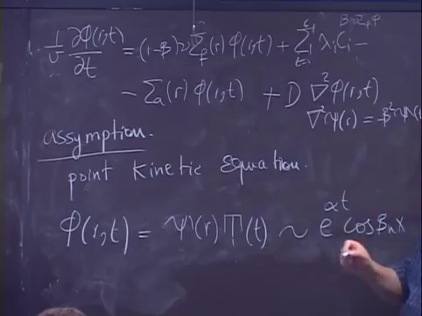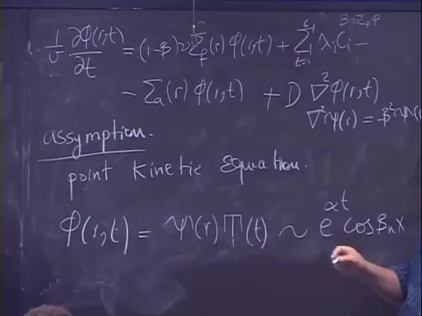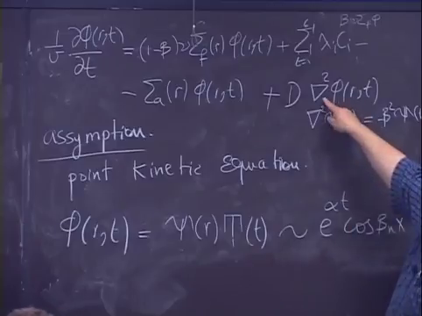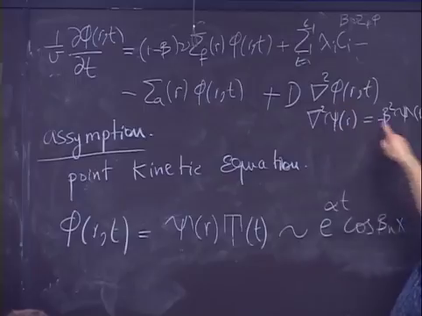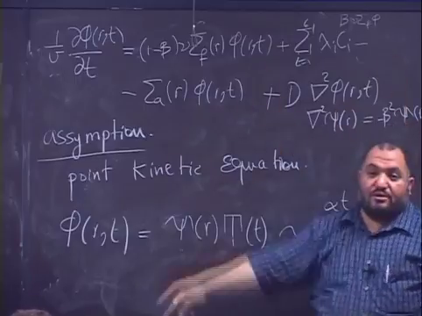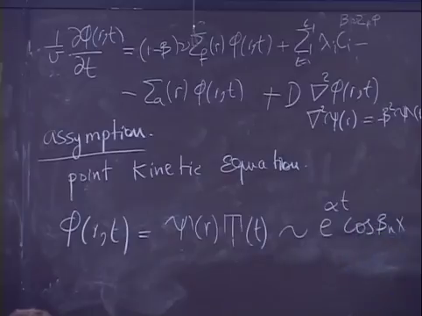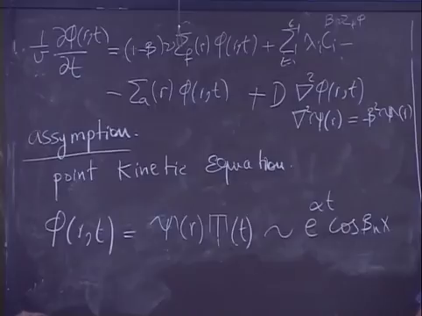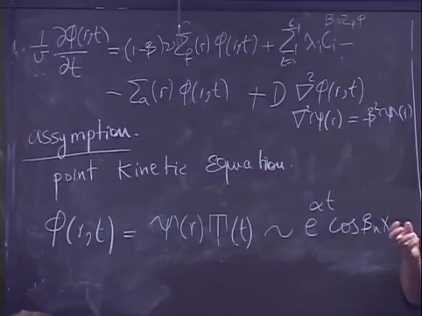Nabla square phi plus B square phi equals 0. So I will put this relation in, and when you replace nabla square psi of r by B square psi of r, you can cancel psi of r from each term. Your equation is no longer dependent on space, but is an equation solvable only in time, and this is why we call it the point kinetic equation.